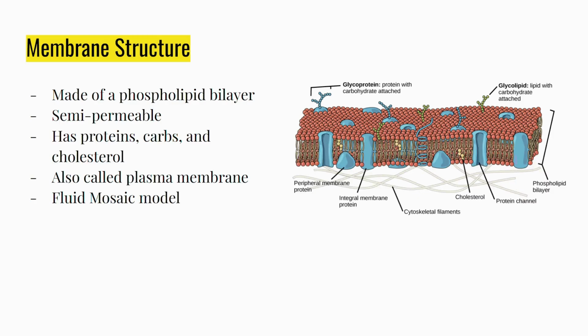It's called a mosaic because if you've ever seen a mosaic, it's made of a bunch of different tiny parts. And it's kind of like that here with the proteins and carbohydrates and the lipid bilayer. And the cell membranes have pores, and these are selectively permeable, and selectively permeable means that it allows some molecules in and keeps other molecules out.